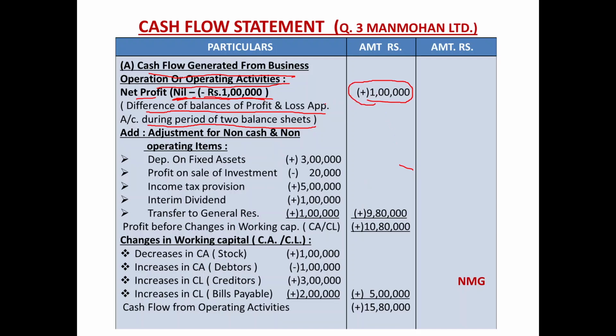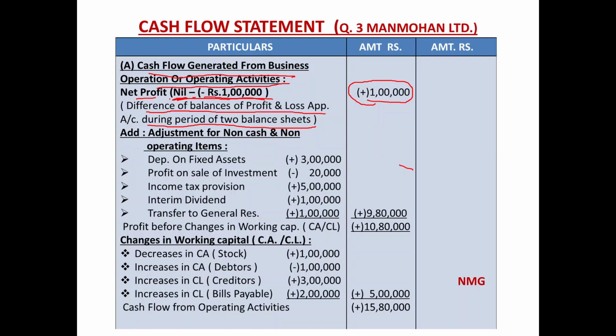Once again I am repeating, difference of balances of profit and loss appropriation account during the period of two balance sheets. We already saw the balance sheet. We already verified the two balances of profit and loss appropriation account given on the asset side of the balance sheet.